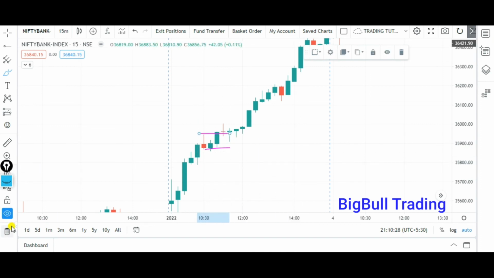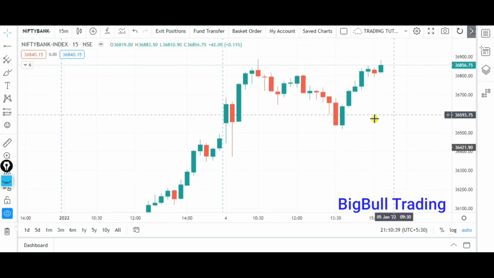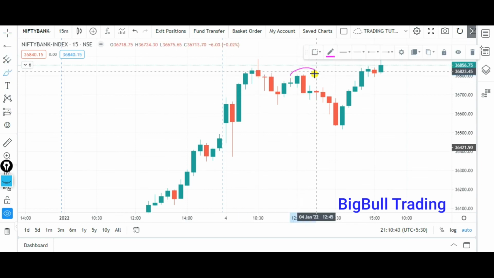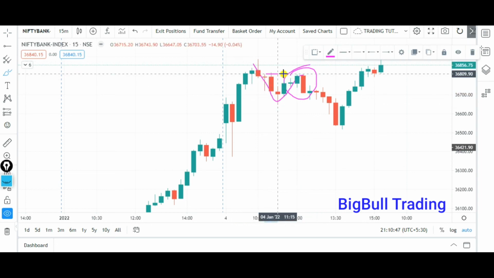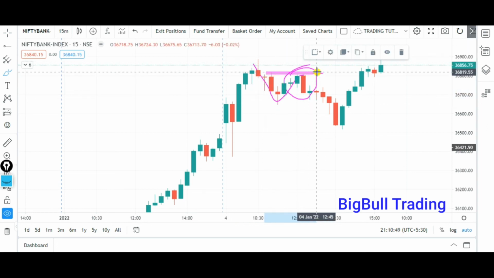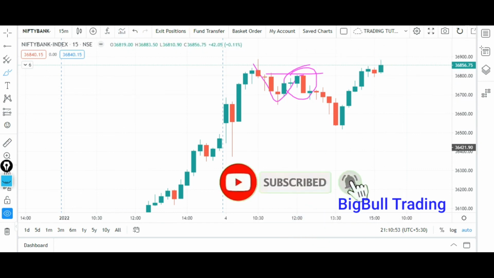So I will show you some of the other patterns also. For example, if I get some bearish engulfing or bullish engulfing, yes, you can see here. See, this is another pattern I will show you. This is the bearish engulfing pattern. It makes here, there is a resistance zone above this. Wait, I will clear it and I will show it to you.